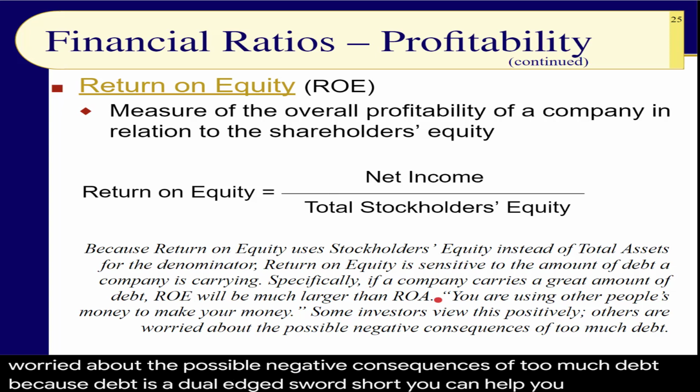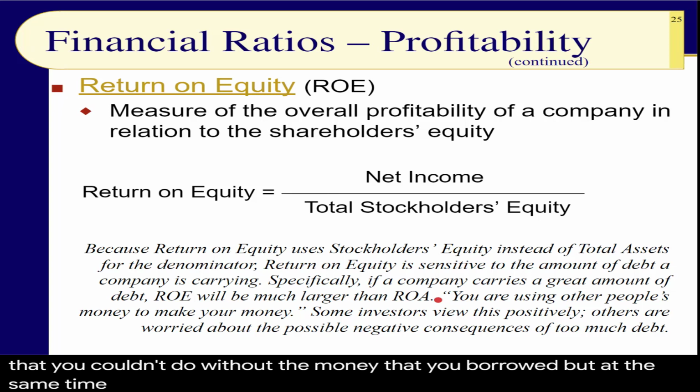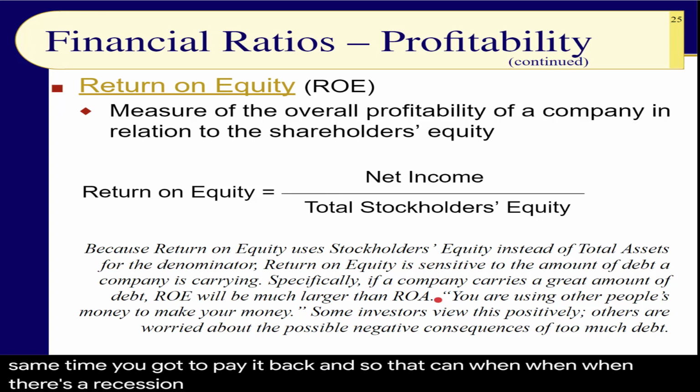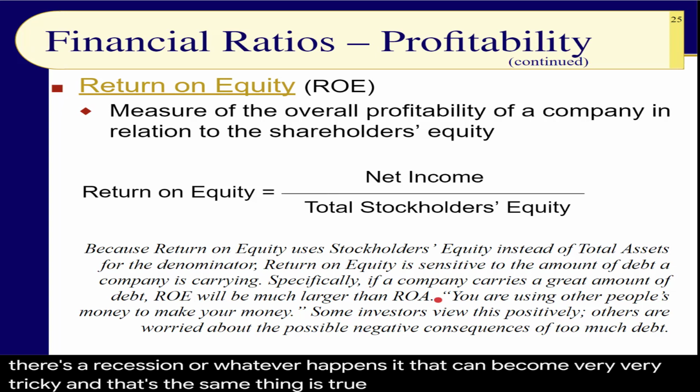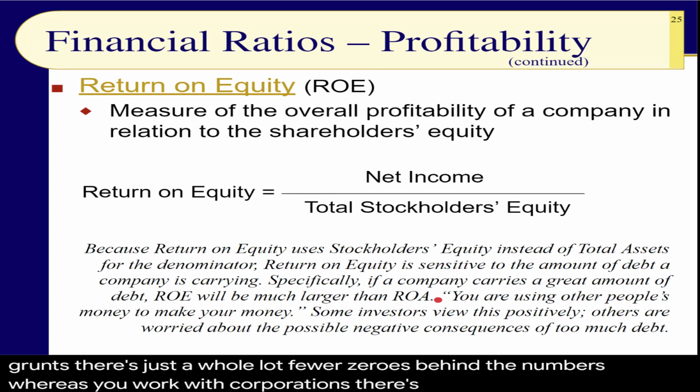It can help you do things that you couldn't do without the money that you borrowed, but at the same time, you've got to pay it back. And when there's a recession or whatever happens, that can become very, very tricky. And the same thing is true with us working grunts. There's just a whole lot fewer zeros behind the numbers, whereas when you work with corporations, there's a whole lot of zeros.